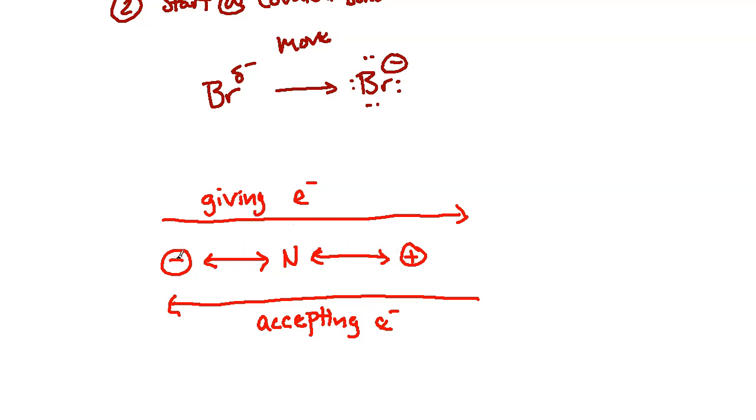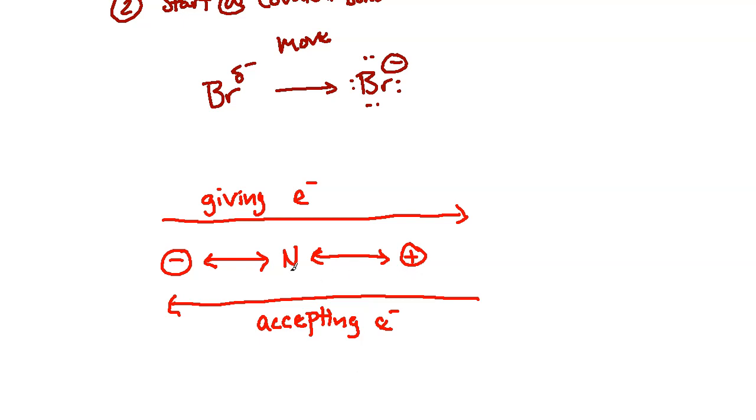So if something negative gives electrons, meaning it's going this way, then what you end up with is a neutral molecule. If something that's neutral gives electrons, it becomes positive. Now going the other way, if something that is positive is accepting electrons, it will become neutral.